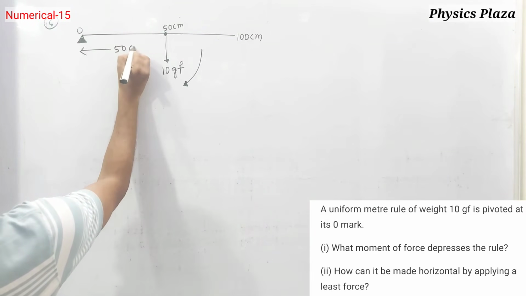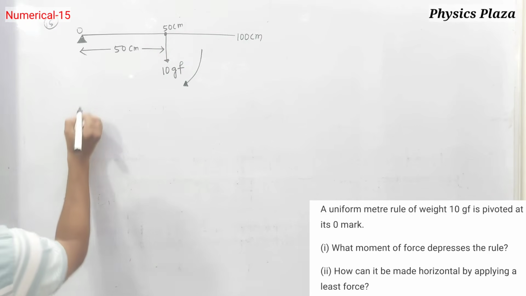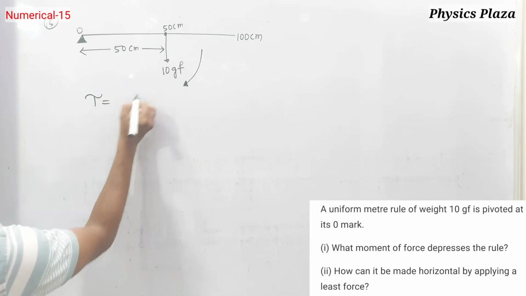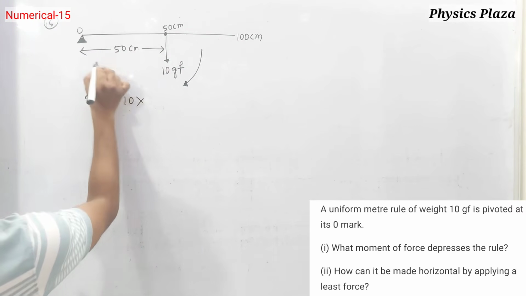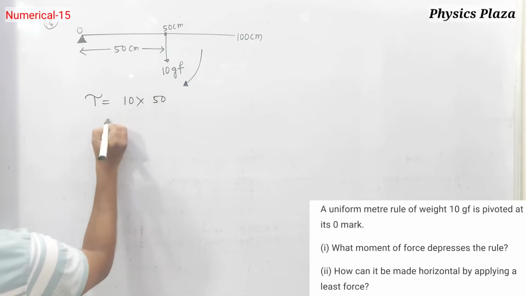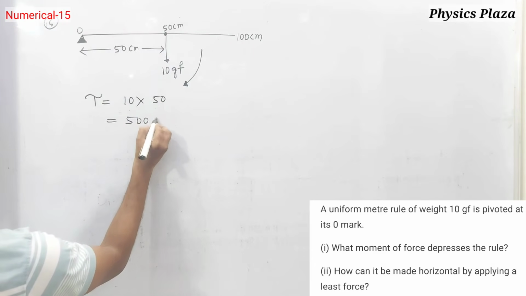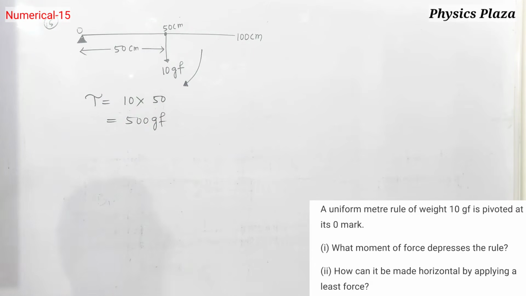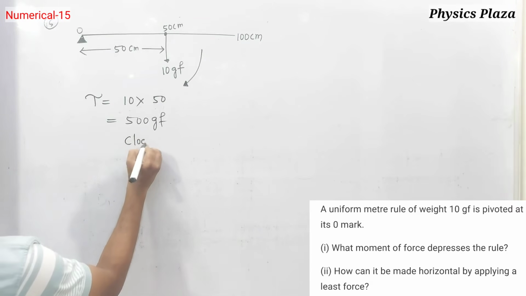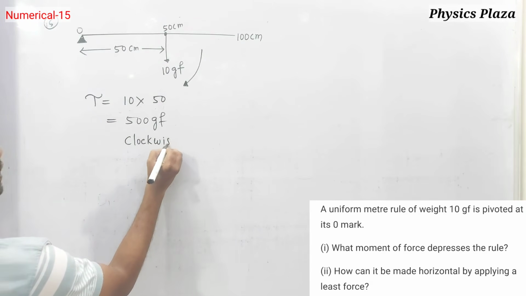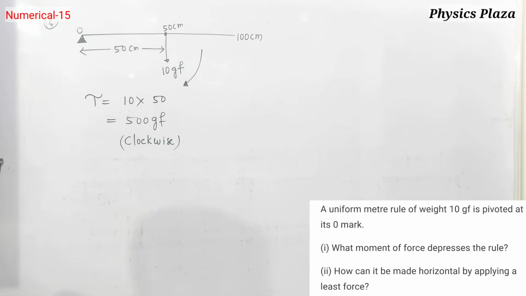It is 50 centimeters. Then let us calculate. Tau is equal to weight 10 into perpendicular distance 50. So this is going to be 500 gram force, and it is in the clockwise direction. Try to understand, it is produced. This is the first question.